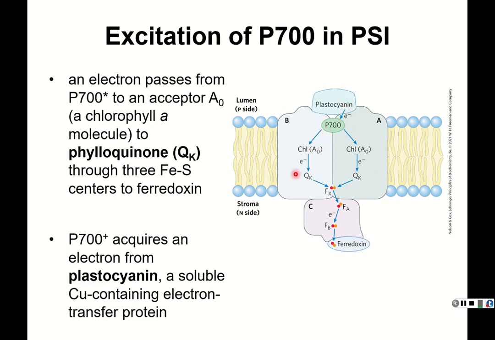They go through some other cofactors, what's known as phylloquinone, this Q here. Don't really care that you know that. But then they go through 3 iron-sulfur clusters. Again, that should look similar to our electron transport chain in mitochondria. And ultimately to this protein called ferredoxin.